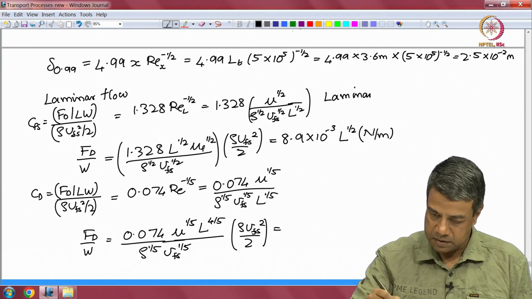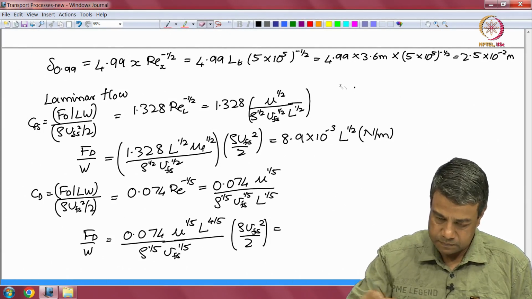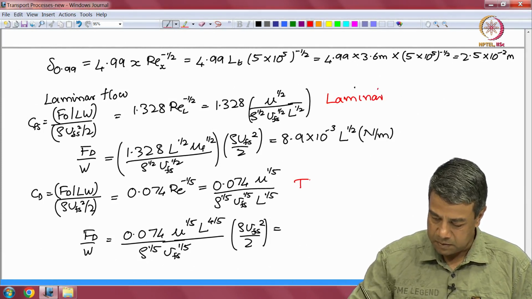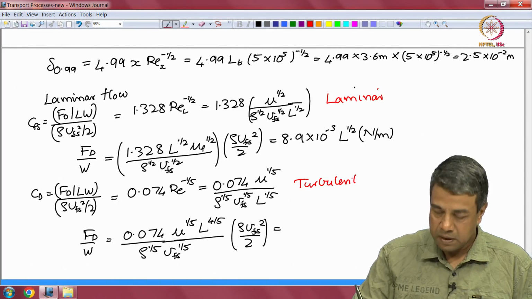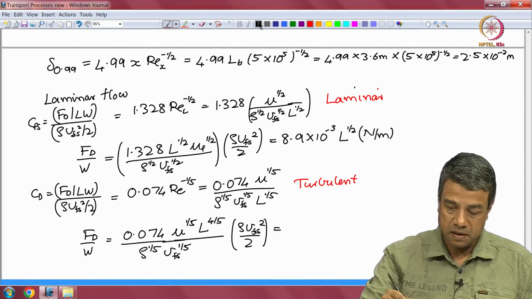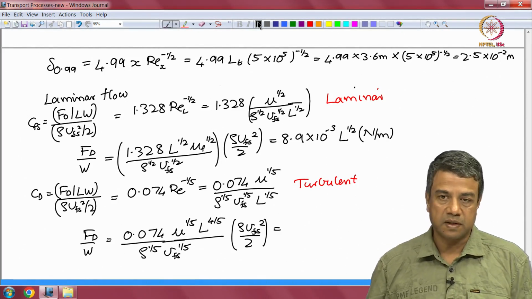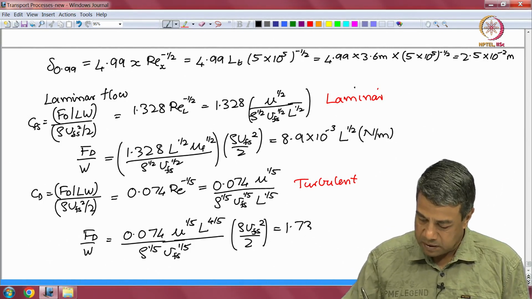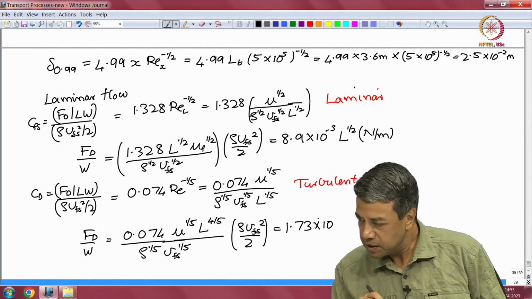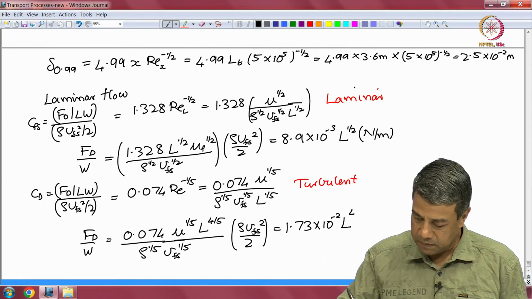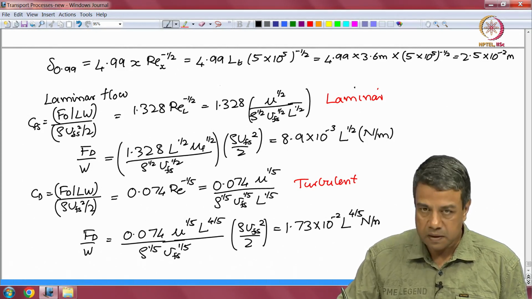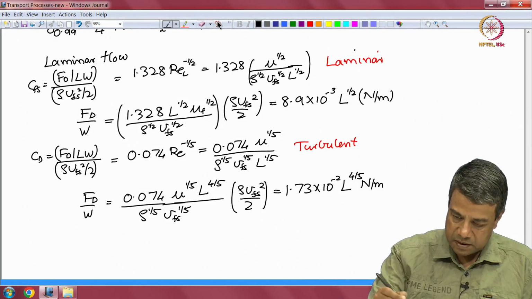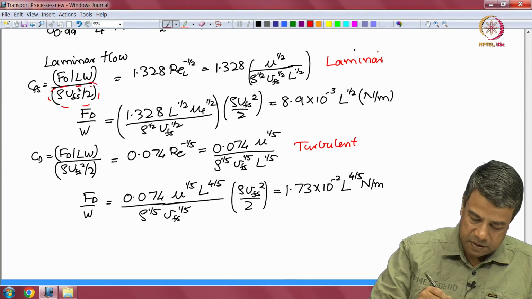So, this is laminar, this is turbulent. Laminar when the length is less than 3.6 meters and turbulent for the distance beyond 3.6 meters. And this turns out to be equal to 1.73 into 10 power minus 2 L power 4 by 5 newtons per meter. So, that is the correlation. Kindly note that this factor has to be there in the expression for the skin friction coefficient.